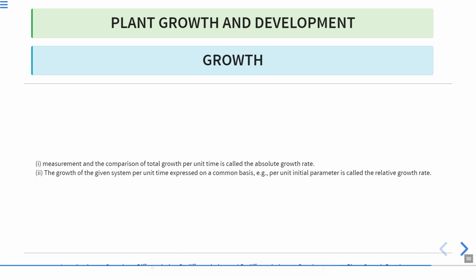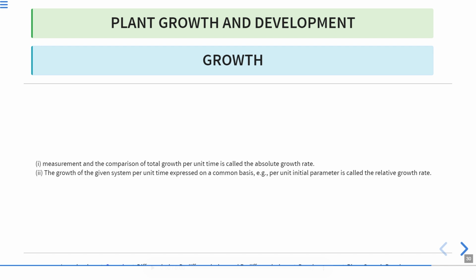Now, the growth of the given system per unit time expressed on a common basis, that is per unit initial parameter, is called relative growth rate.